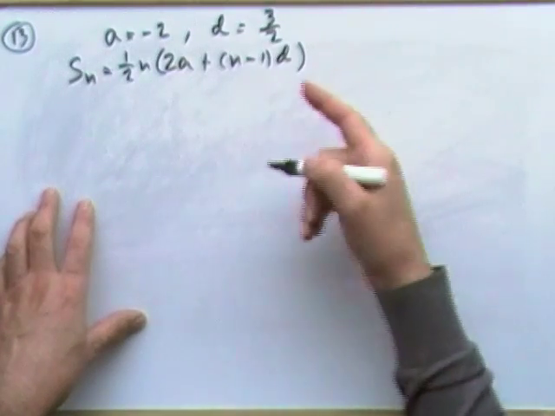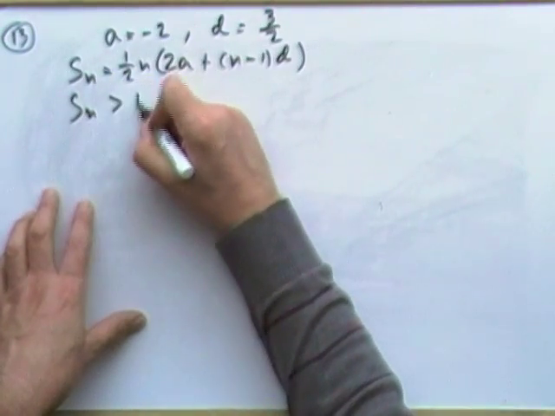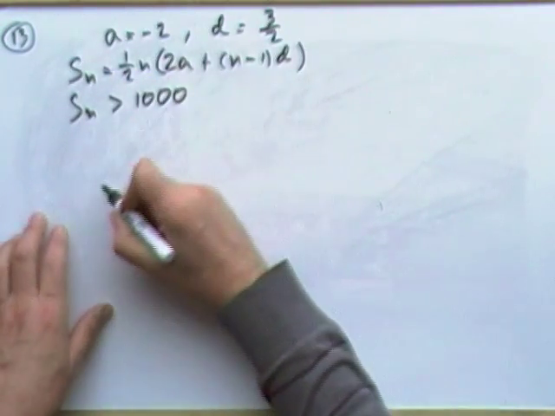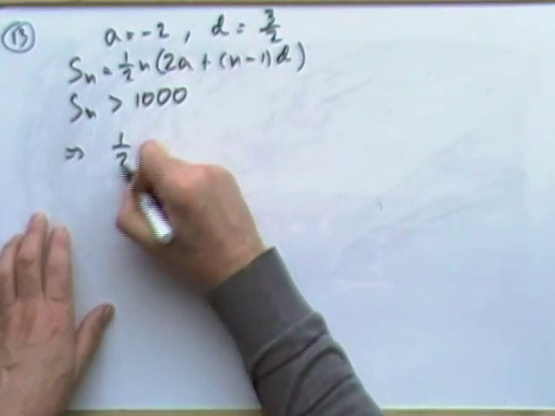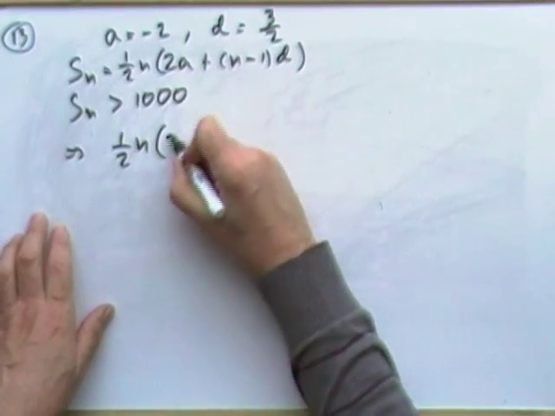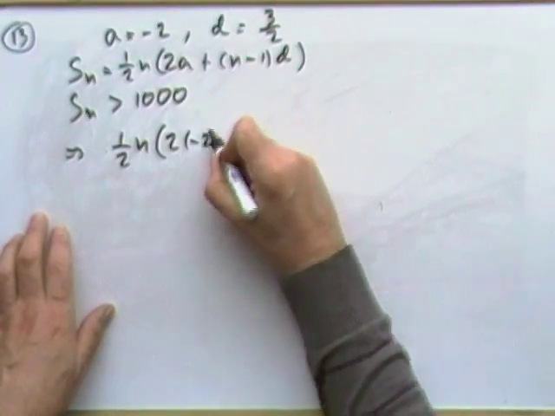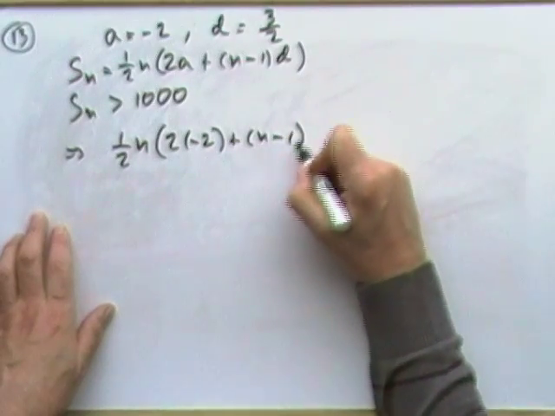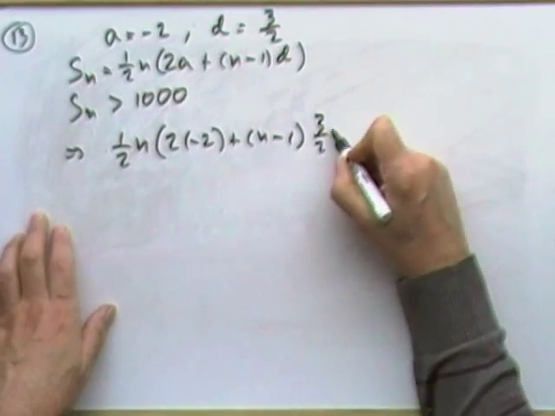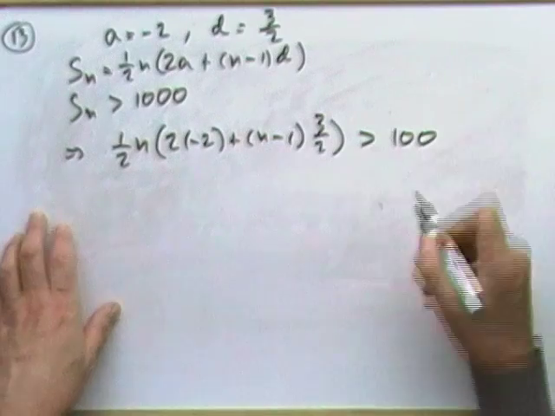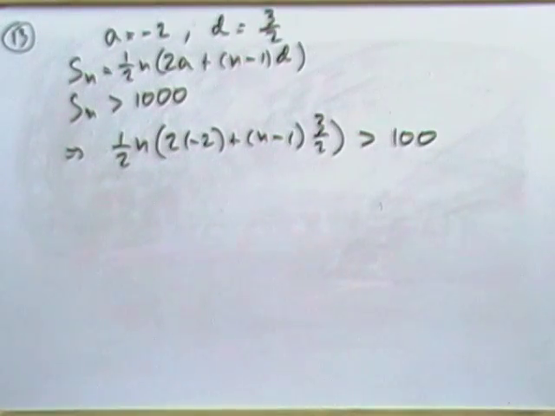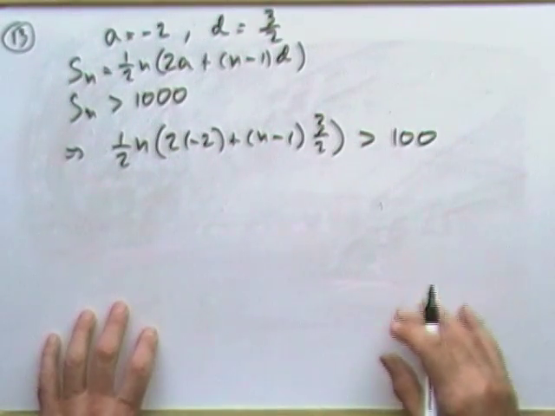And that answer, it says, has to be greater than 1,000. Oh, just a case of feeding that lot in then. That means a half n times 2 times a, which I do know, plus n minus 1 times d, which I do know, has to be greater than 1,000. Well, there's an inequation which needs to be solved.